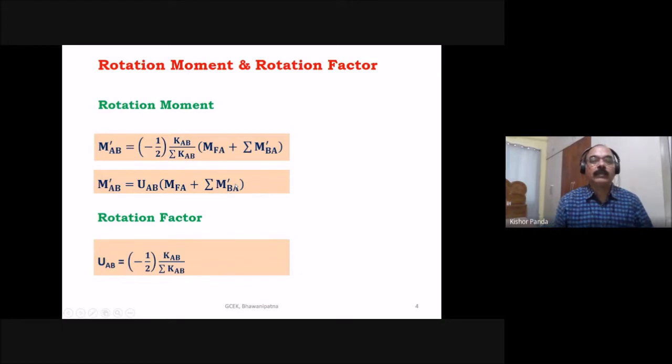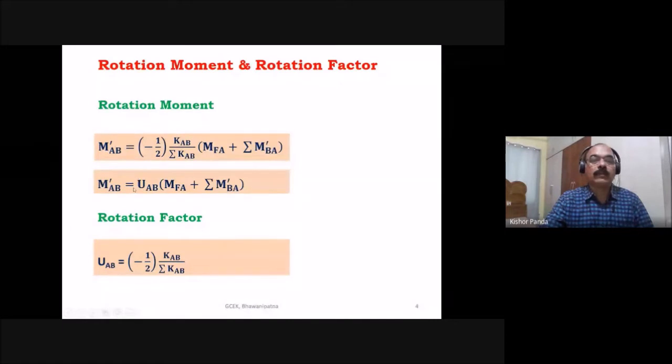Initially, you have to assume the far end rotation moment is equal to 0. At the fixed end, the rotation moment is 0, but at the other end also you have to assume the far end rotation moment is equal to 0. Then you can find out the near end rotation moment M dash AB, and you have to assume M dash BA is 0 in the first cycle.